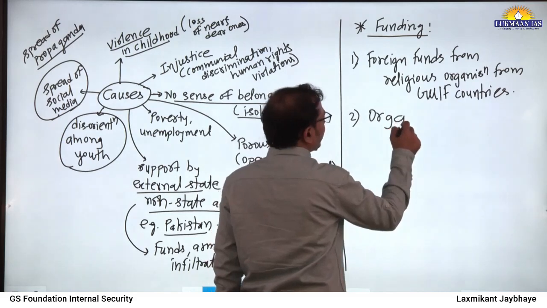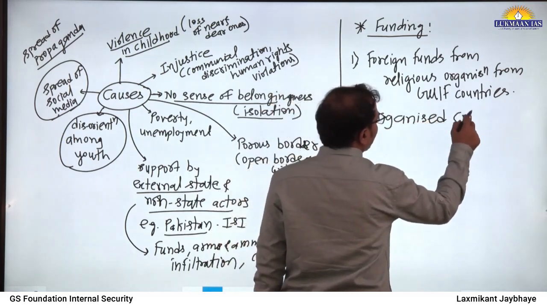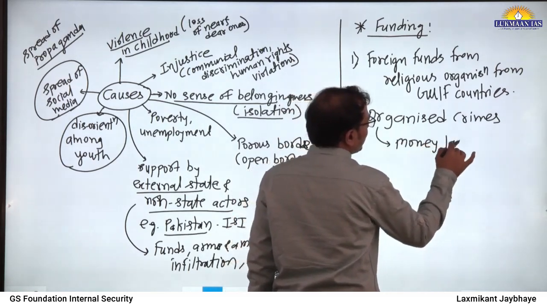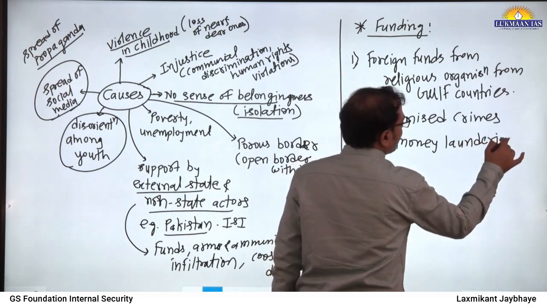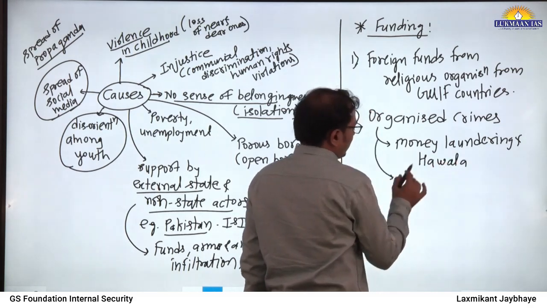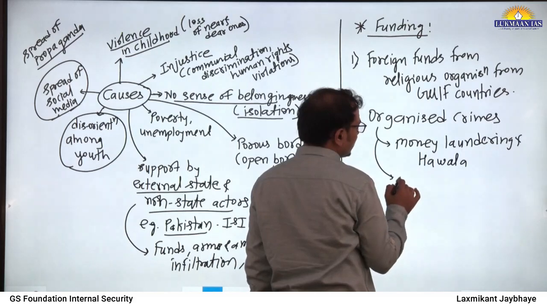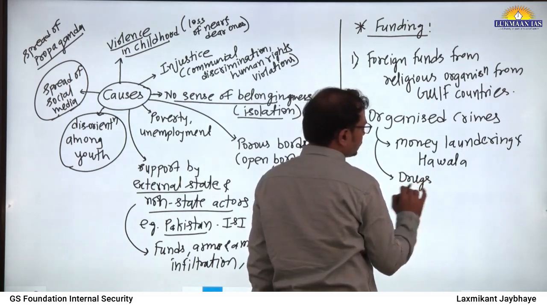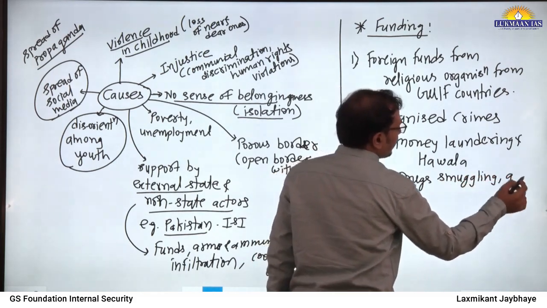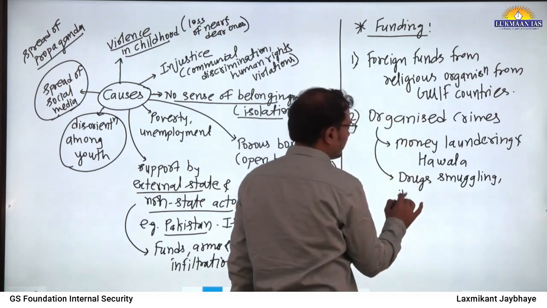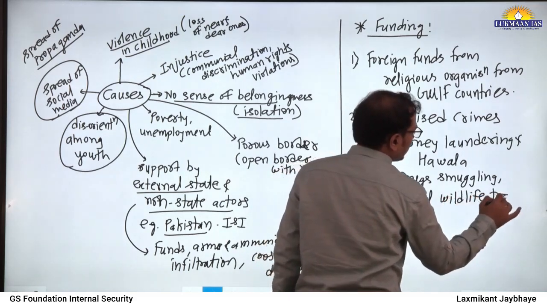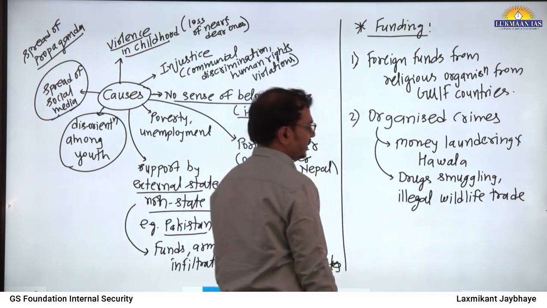organized crime. Money laundering, hawala, then drugs, one of the major sources, drug smuggling, then illegal wildlife trade, one of the major sources for terrorist activities.